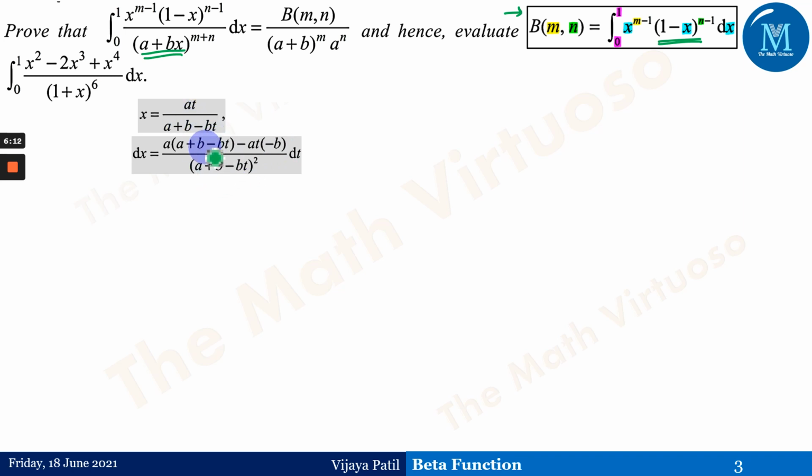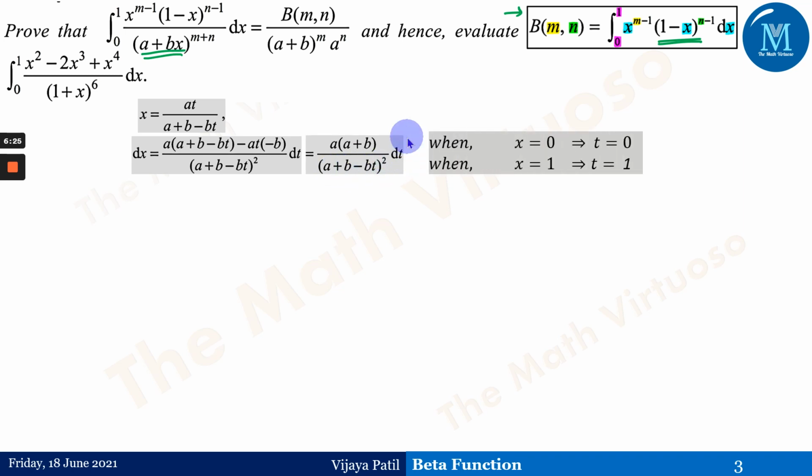That is just the differentiation, the u by v rule, which we have applied here. After simplifying, we get the dx value as a into (a plus b) upon (a plus b minus bt) the whole square dt. Again, when x is 0, t is 0, and when x is 1, t is also 1 in this case.